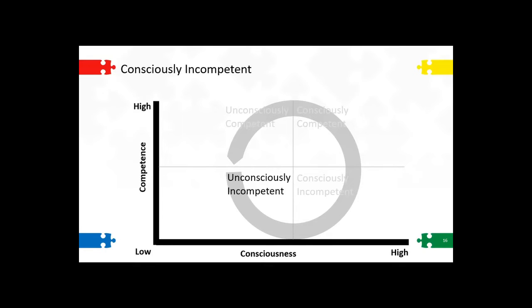At this stage, people need a bit of careful supervision. They need step-by-step instruction. Really, they need to be taught because they haven't got the skills and knowledge at this stage to be able to complete that task. They may be highly motivated to do it, but they haven't got the skill level at this stage.